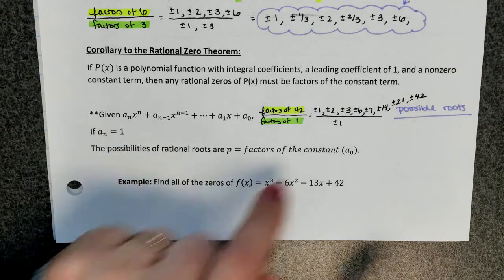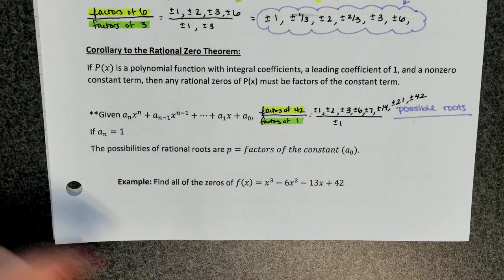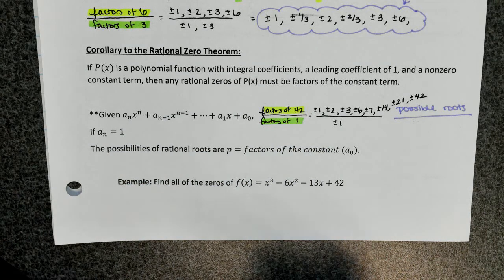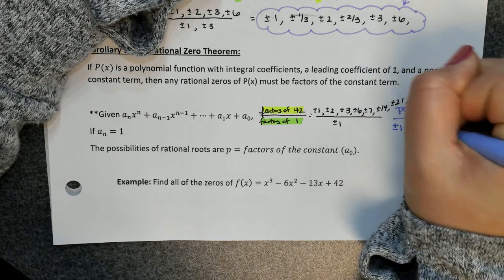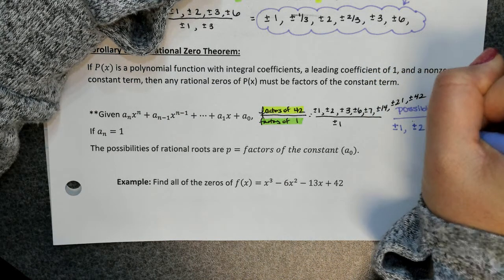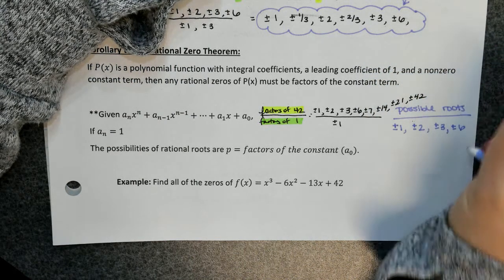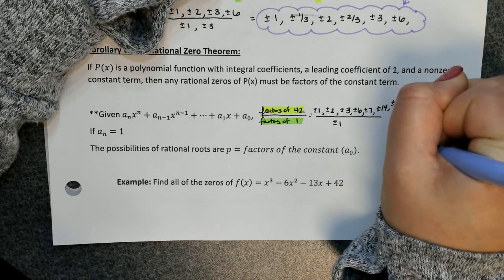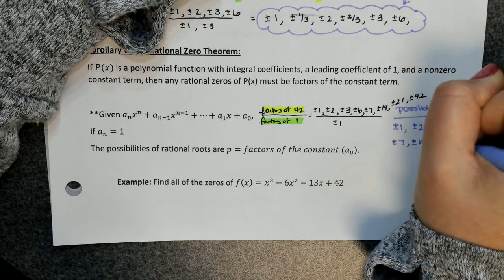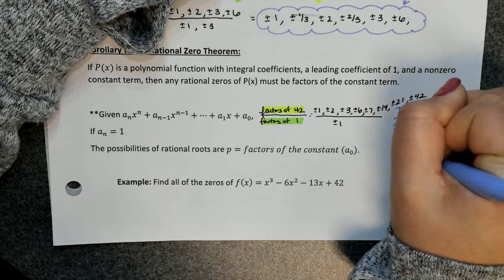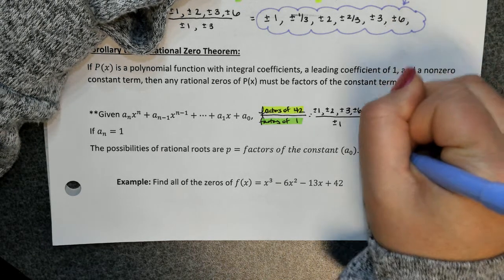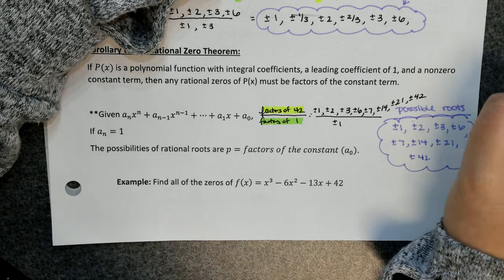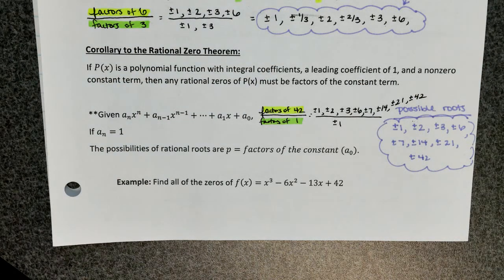Okay, so when we write our list, this is actually going to be our list, the top there. So our possibility of roots is just going to be plus or minus 1, plus or minus 2, plus or minus 3, plus or minus 6, plus or minus 7, plus or minus 14, plus or minus 21, positive or negative 42, and these are going to be our possibility of roots. Okay, that whole list right there.